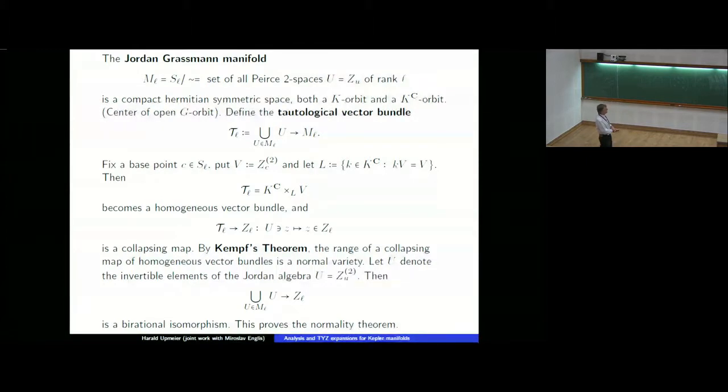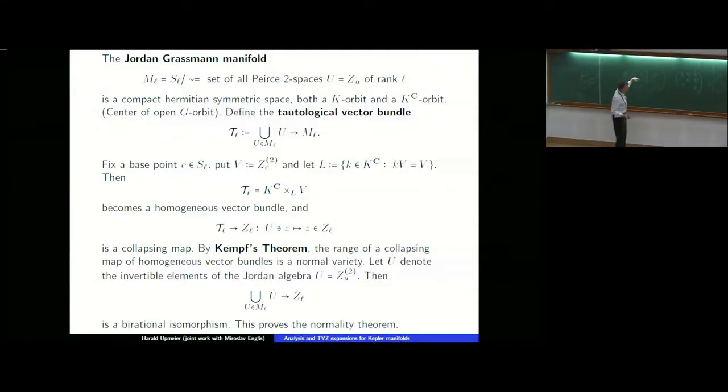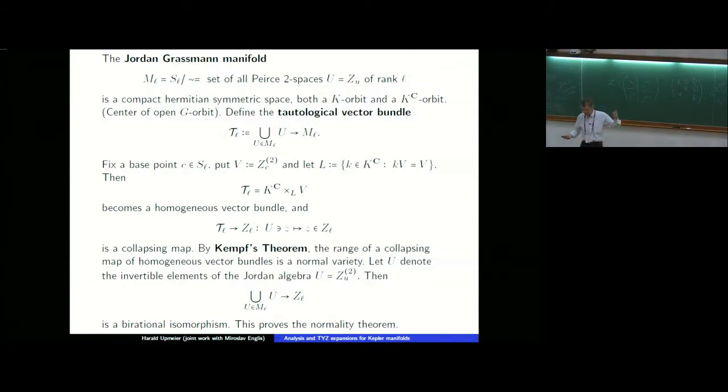Namely, we take a quotient of the tripotents, SL modulo an equivalence relation, namely the set of all Pierce 2 spaces of a fixed rank L. So we do not take the tripotents themselves, but we identify two tripotents of same rank if they have the identical Pierce 2 space. So for example, of course, every unitary in this little piece has the same Pierce space. It need not be the 1, 1, 1.